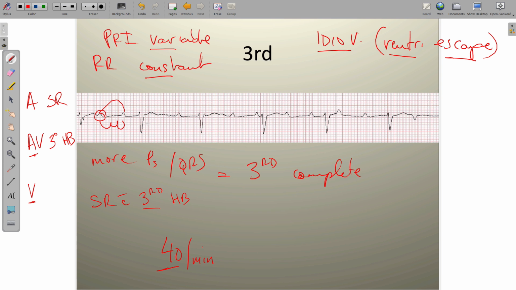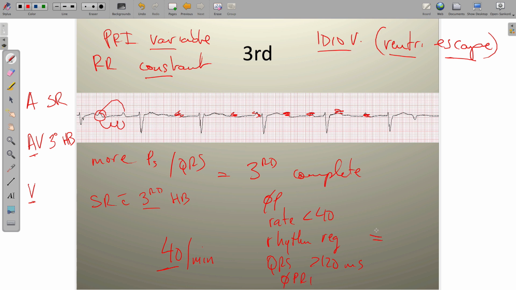Well, forget the level of heart block for a second and forget the P waves that are there. If you were to eliminate all these P waves from the tracing, just get rid of them, and just interpret the ventricular component of this, we would look and say, hey, there are no P waves, the rate is less than 40, the rhythm is very regular, the QRS is greater than 120 milliseconds, and there's no measurable PR interval.